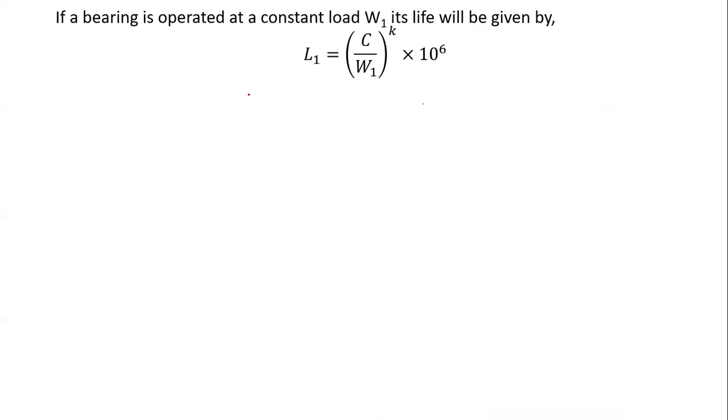So if a bearing is operated at a constant load W1, meaning it's just running at one load, then your L1 is (C over W1) to the power K, multiplied by that constant there.